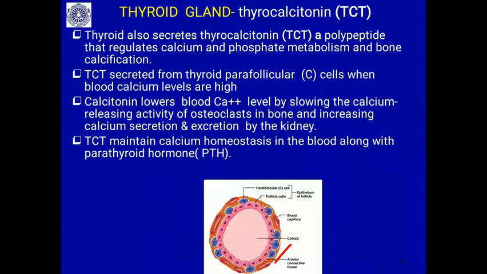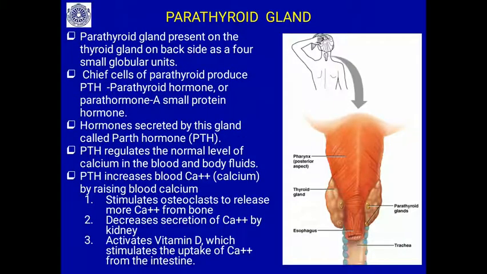Or else the calcium is secreted, that means the kidney tubules release this calcium into the urine and it gets excreted out, so that the calcium level is maintained at a normal level. So TCT maintains calcium homeostasis in the blood along with another hormone, the parathyroid hormone, called PTH or Parth hormone.